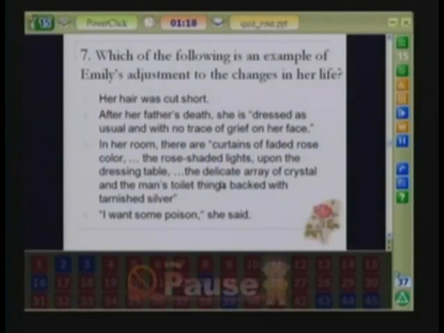Although the decorations are the same, they are all covered by dust. Okay, so this is an example of her refusal to change. The same thing, her wanting poison, is a way for her to keep the person she wants. Okay, to use death as a way to retain things, to keep things unchanged.